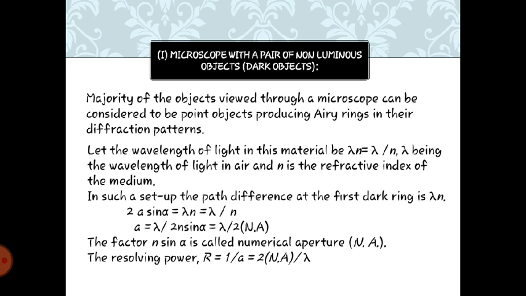Non-luminous objects are not self-luminous; they are observed because they are illuminated by an external source, and then they get the light. In general, this illumination is not normal, it is actually oblique.